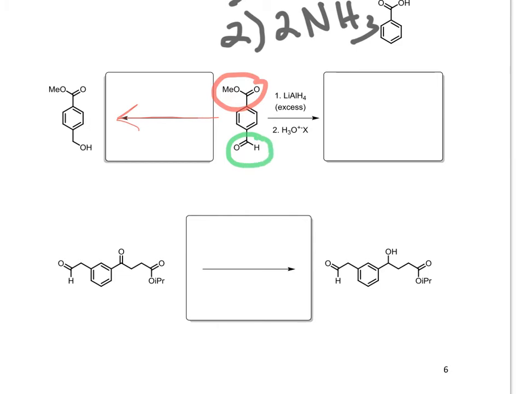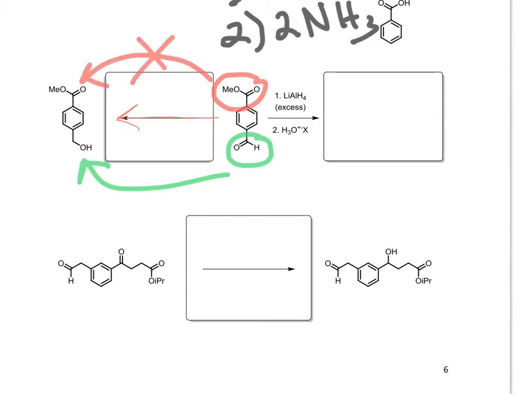You should all be comfortable with, at least by the time you take the exam, esters being significantly less reactive than aldehydes. So in this case, the more reactive substrate is being reduced. Our aldehyde is being reduced and our ester is not.